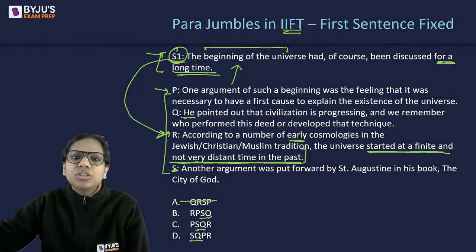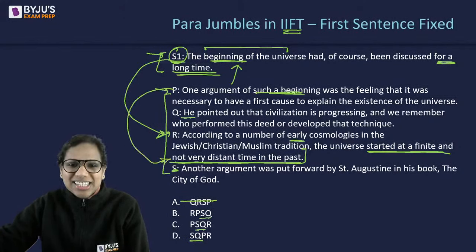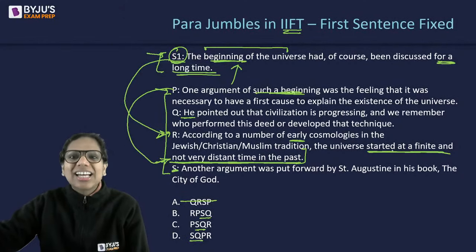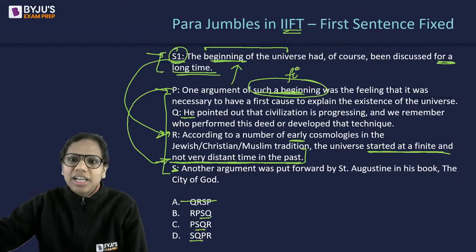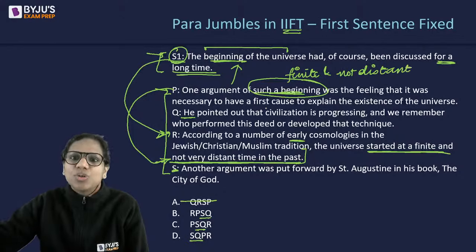Now, a lot of you think that P should come after S1 because it says beginning and this says such a beginning. But actually, such a beginning refers to this assertion here, that the universe started at a finite and not very distant time in the past. Now, one argument for such a beginning was this feeling that it was necessary to have a first cause to explain the existence of the universe.